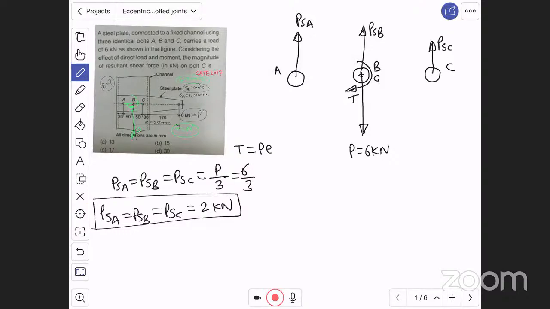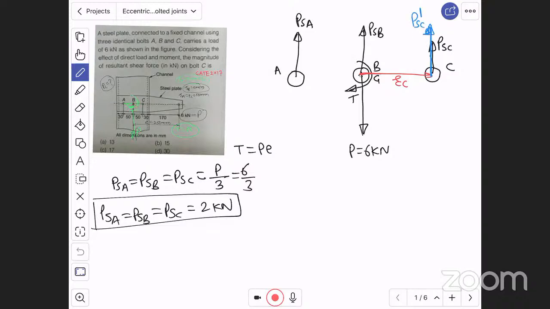Now the radius of C from the G is RC. This distance is RC. Radius of C from the G, and secondary shear load is perpendicular to radius. Therefore, इस radius को perpendicular जो कि anti-clockwise direction में torque create करे.